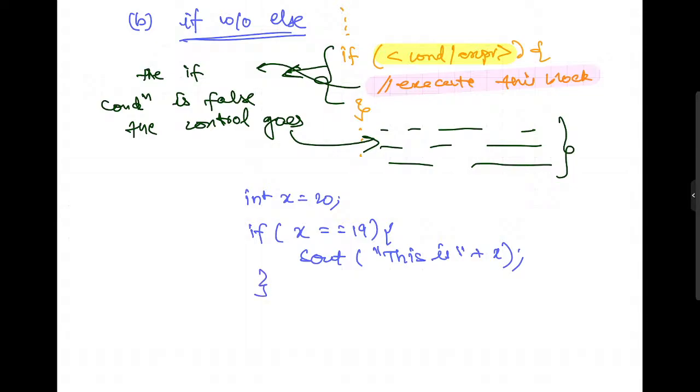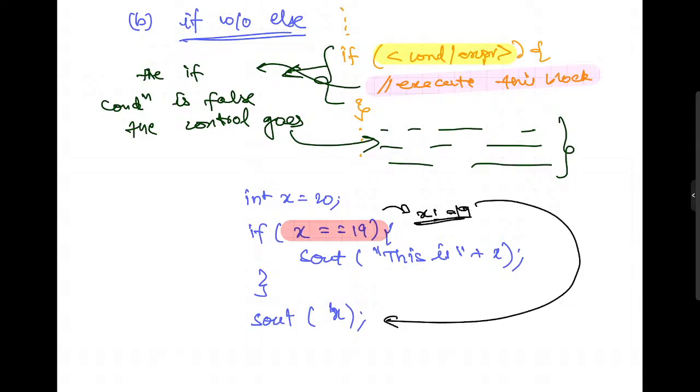Then I am going to s out x. If I do this, since x is not equal to 19, it will go to this place and this particular thing will definitely get executed.